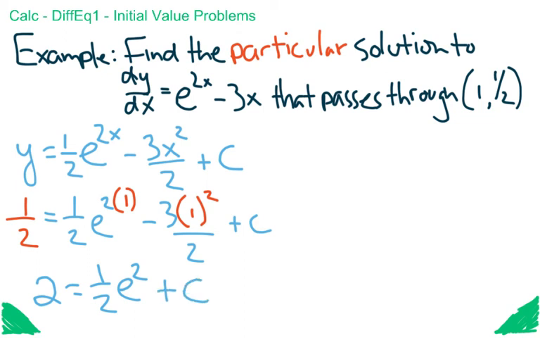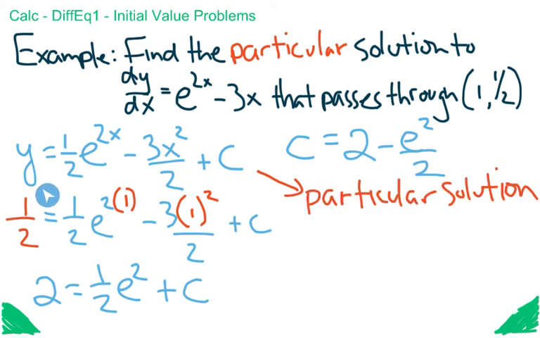Now we wish maybe this would be simplified easier, but we're at a point in a calculus class where we shouldn't expect that to all work out nicely. So I'm just going to solve for c here, and c is equal to 2 minus, and I'll write this as one fraction, e squared over 2. So that's the c value that I can now use to write in the original equation. I'm going to rewrite that and plug that c value in.